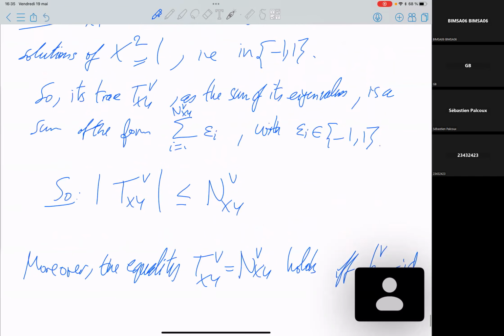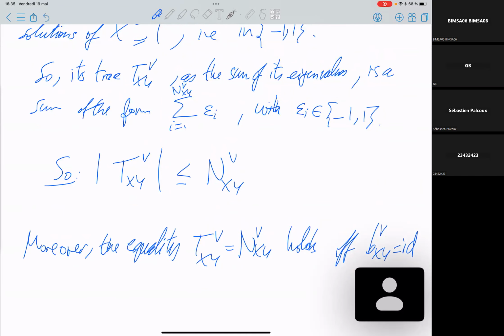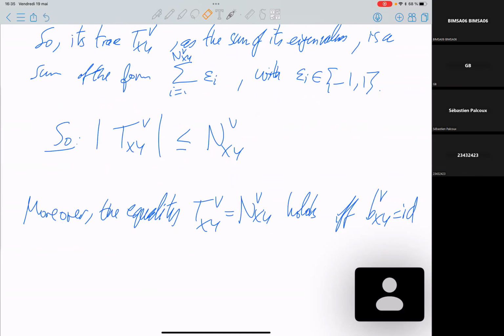Because if you have equality, all the epsilon_i should be 1, and the identity is central.